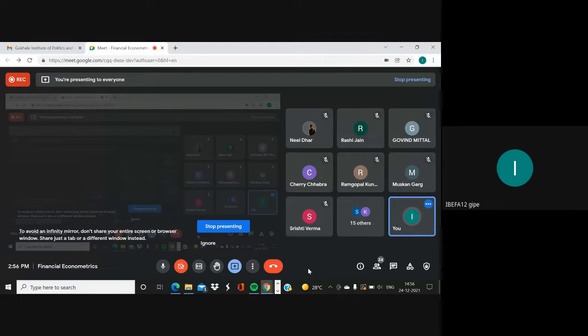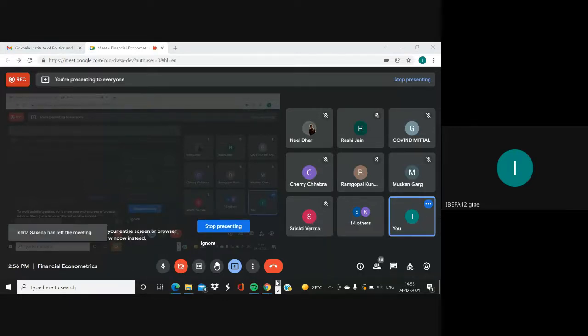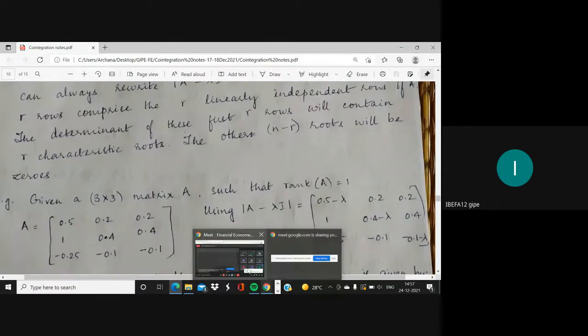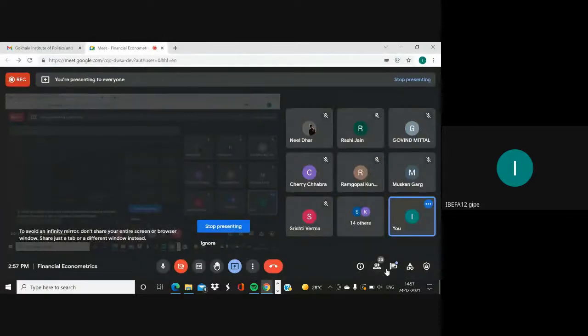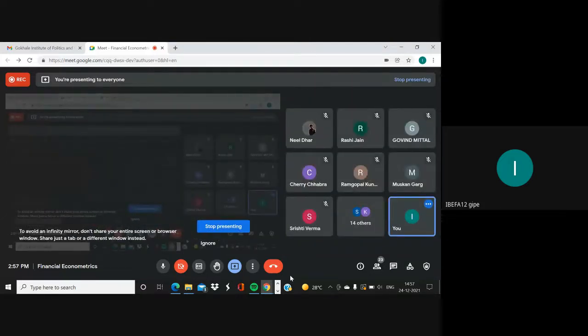So you're basically trying to find out what is lambda. Okay, good. Next part. Keep solving.